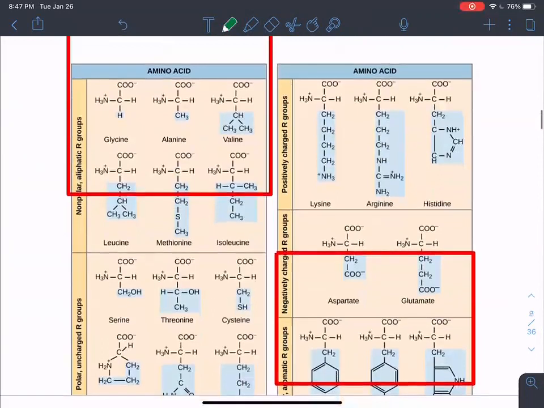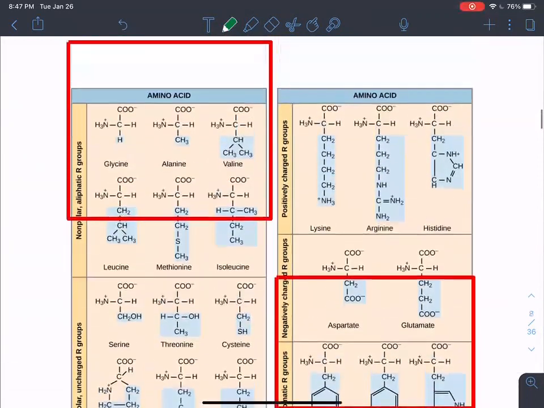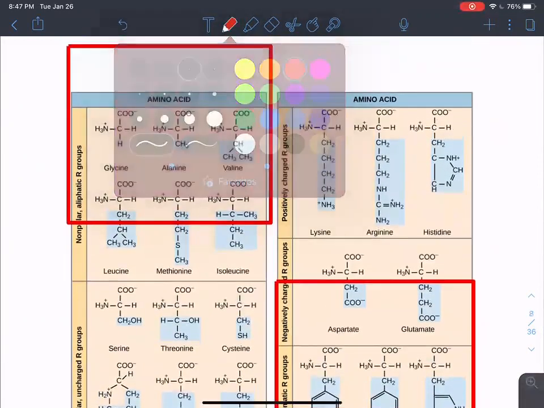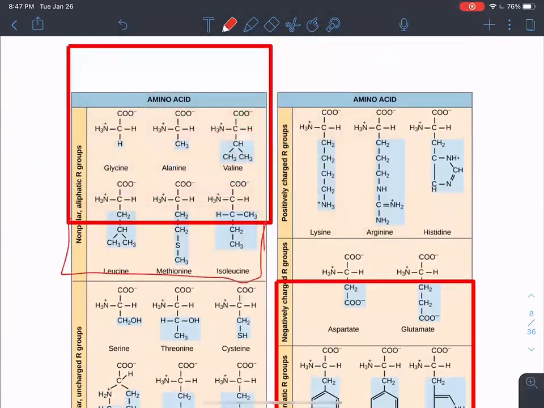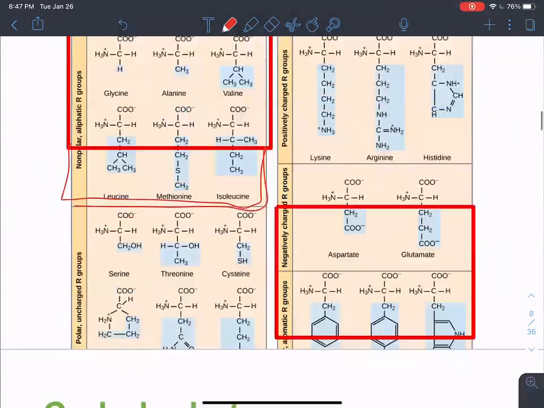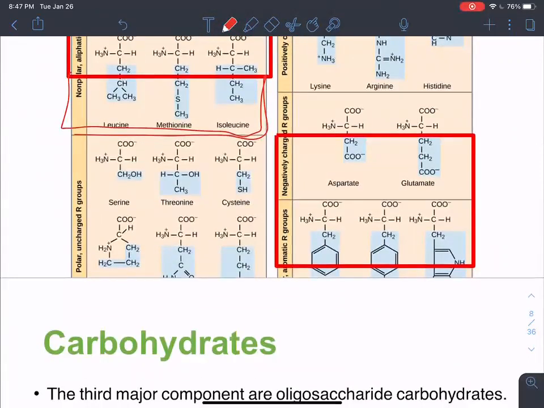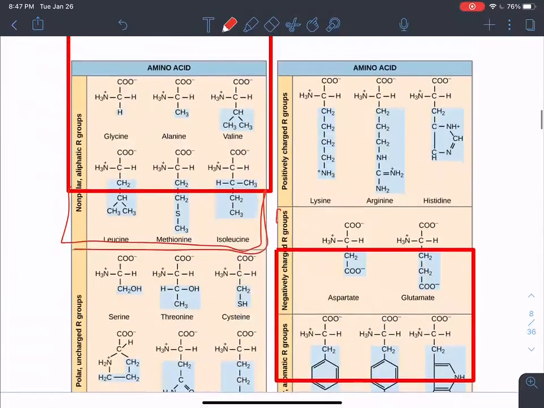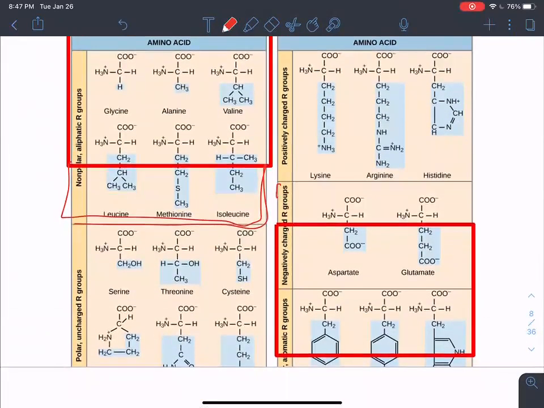So here are, and my slide got messed up a little bit, but basically these are the non-polar amino acids, and down here you've got the polar ones. Okay, so you've got negatively charged groups and that kind of thing.